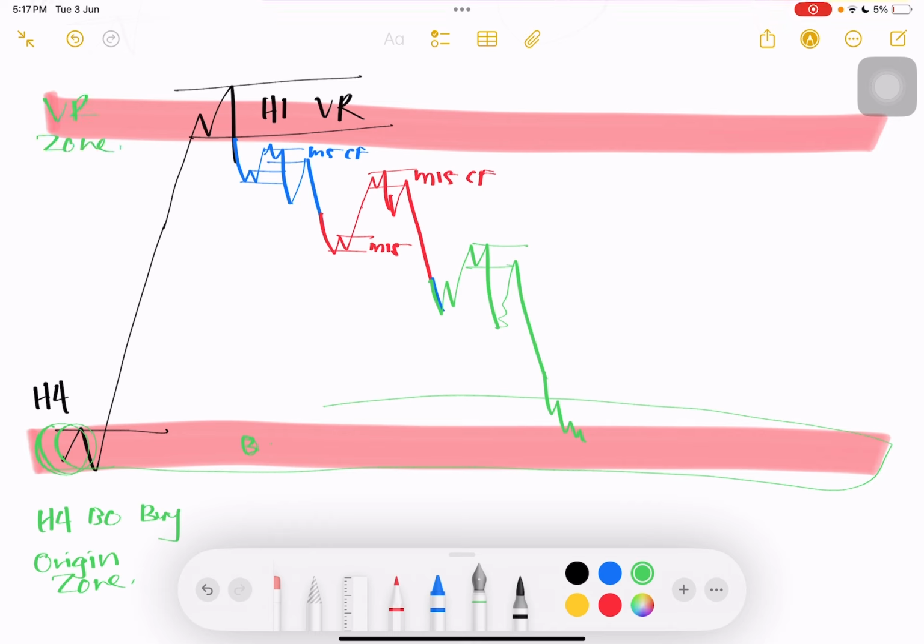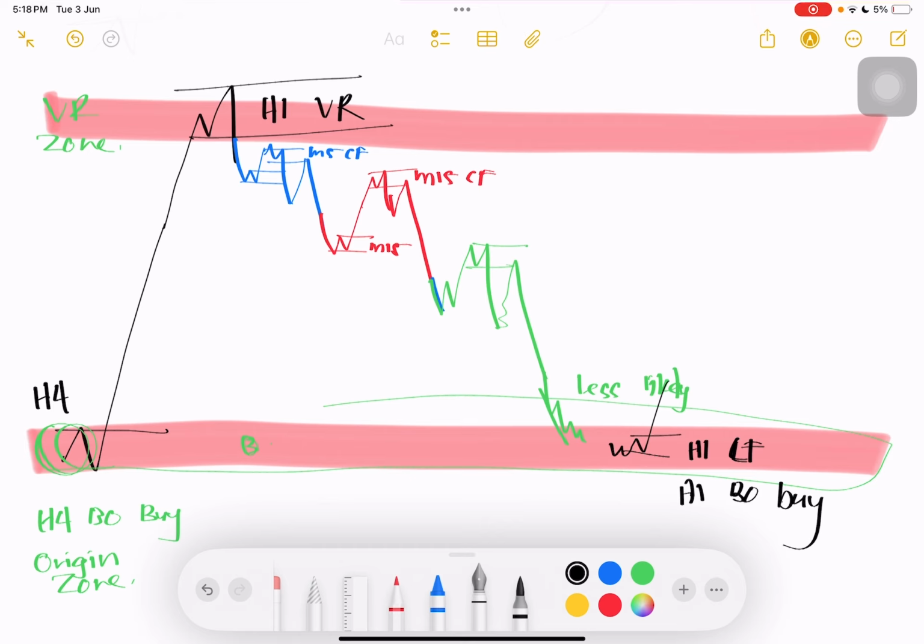Okay, so when price is here, I will be less likely to sell. What I will do, I will wait for a breakout by H1 CF or H1 BO buy.